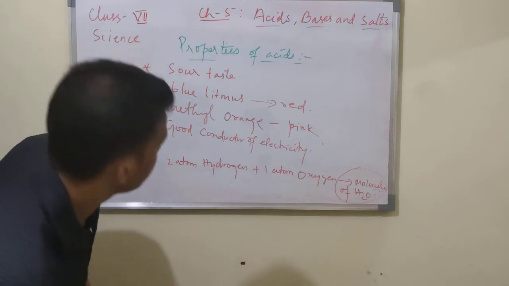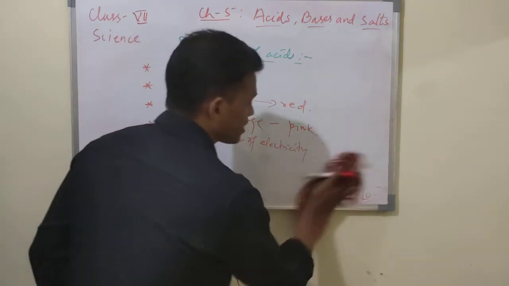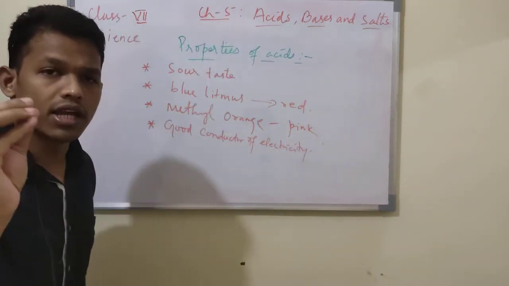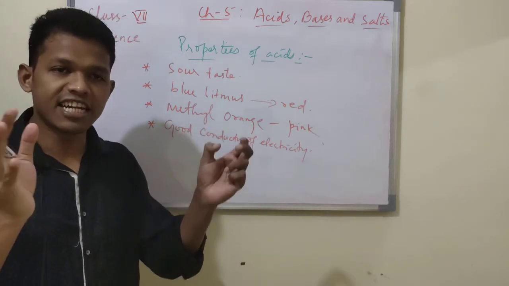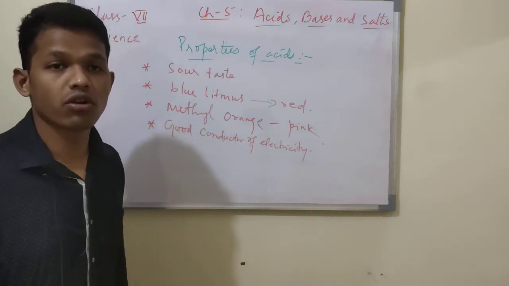Acids are compounds, because if hydrogen is added to chlorine, it forms hydrochloric acid.